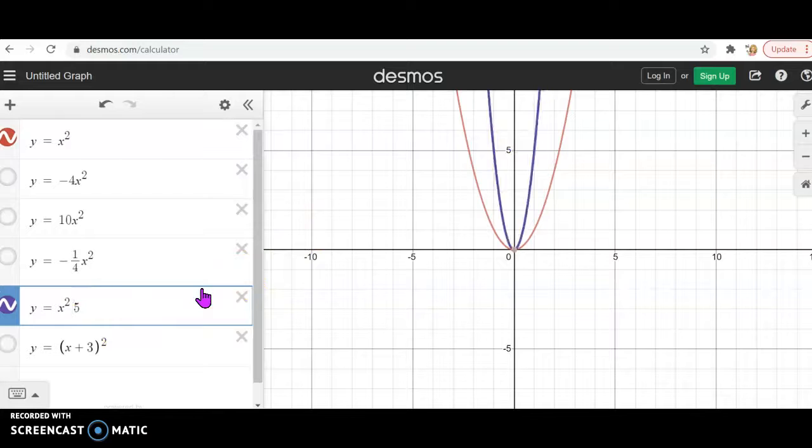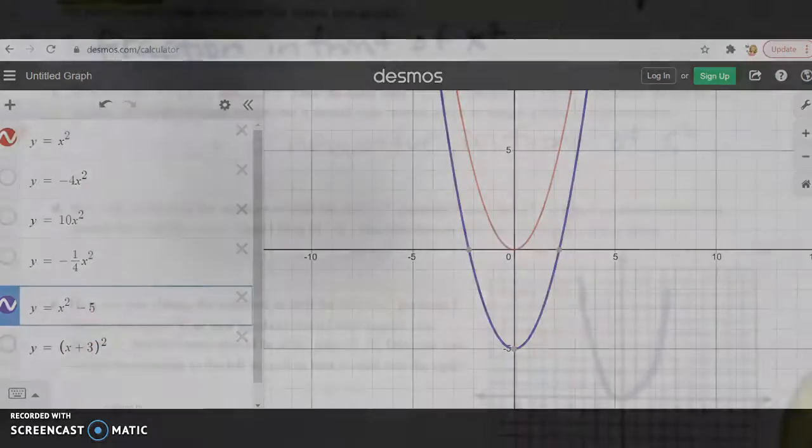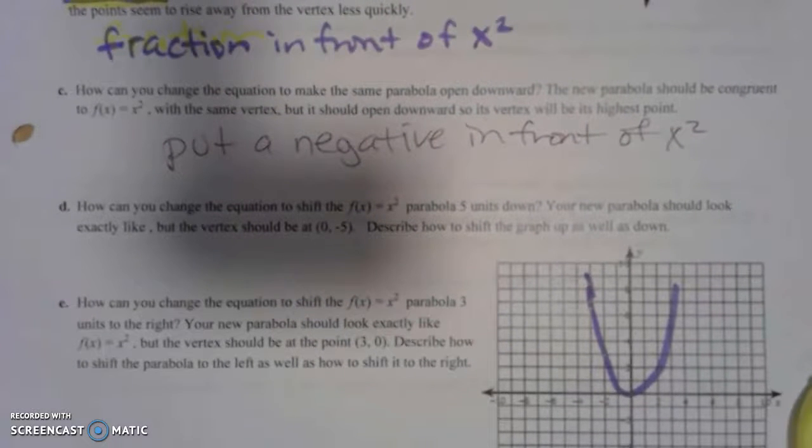Okay, so it shifts it up or down depending on whether you want it to shift up or down. So that's nice. The positive is positive, the negative is negative. So we'll go back to our piece of paper and write some notes on that.